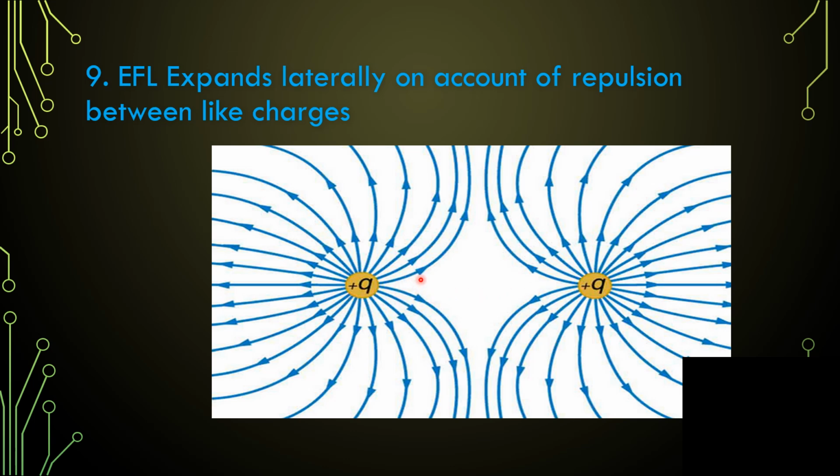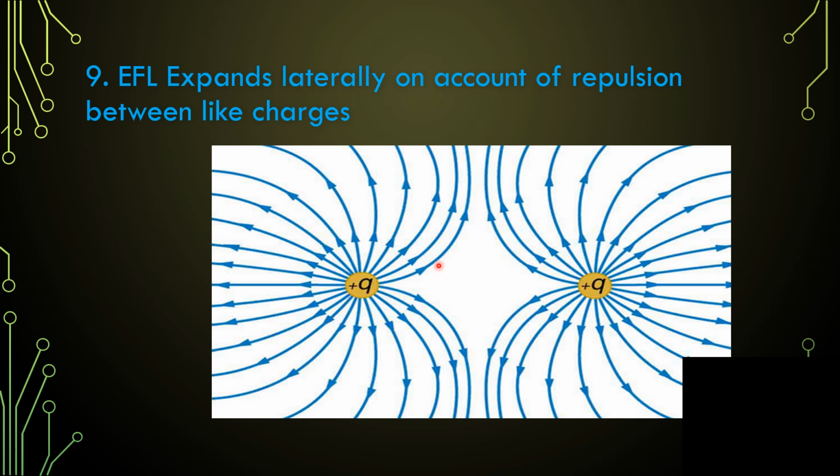Then what happens? Imagine here there is one test charge. A positive test charge is repelled by the positive and hence it moves straight. But as it moves straight, it experiences one more repulsion due to the second charge. That's why instead of going straight, this positive test charge bends like this.